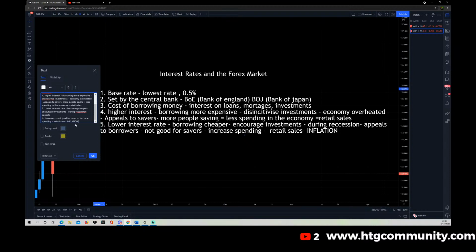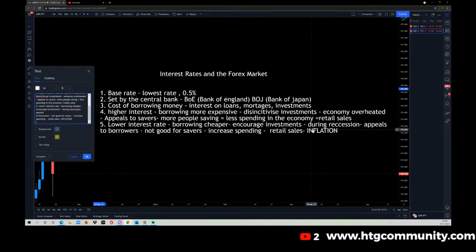But we can just touch on the fact that when it comes to inflation, the way to tackle inflation is to obviously increase that interest rate, right? Why? Because then you start to make cost of borrowing more expensive. But we'll come on to that point when we talk about inflation in its own webinar. But we can just touch on it with that statement that I just said there.